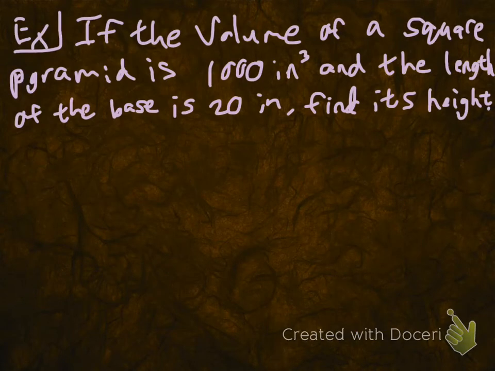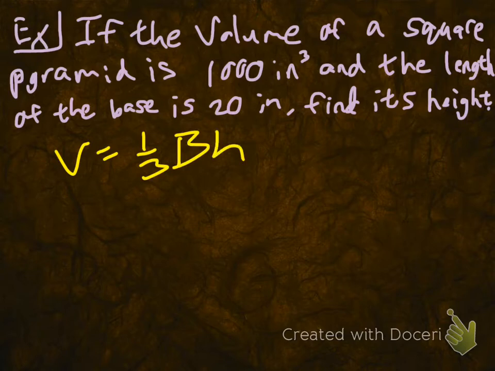Anyway, another type of problem. If the volume of a square pyramid is 1,000 cubic inches and the length of the base is 20 inches, find its height. So, we can just use the formula. If you want to draw the picture, you can, but for these ones, it should be pretty straightforward to use the formula.